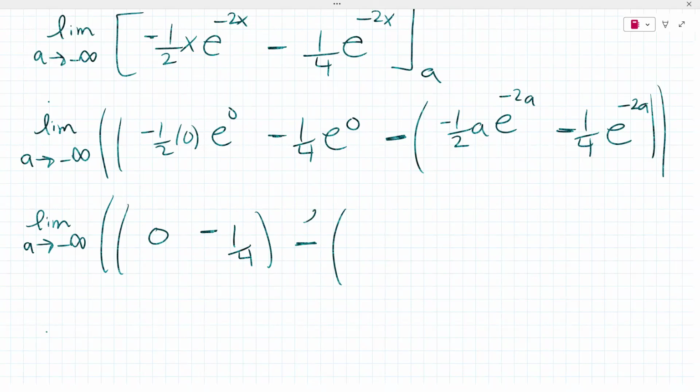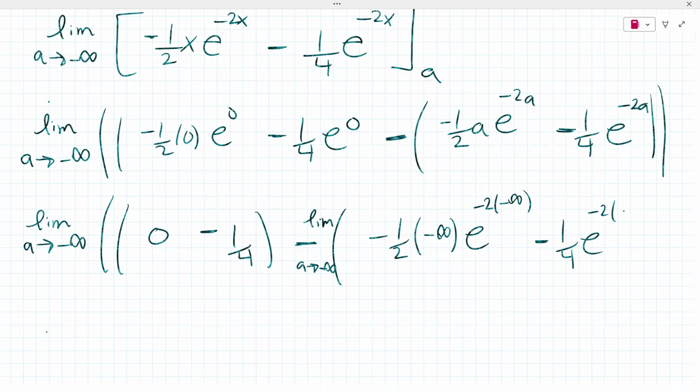So it's like saying minus the limit as a approaches negative infinity, not positive infinity. So that's going to be negative 1/2, and wherever you see an a, replace it with negative infinity. So this is negative 1/2 times negative infinity, e, and then negative 2 times negative infinity, minus 1/4 e, negative 2 times negative infinity.